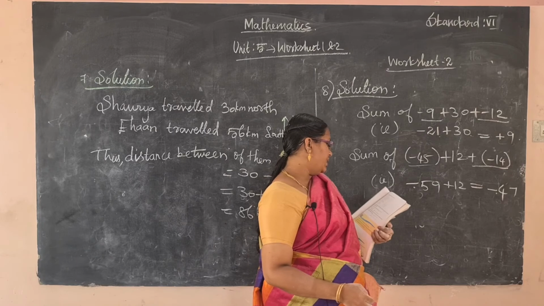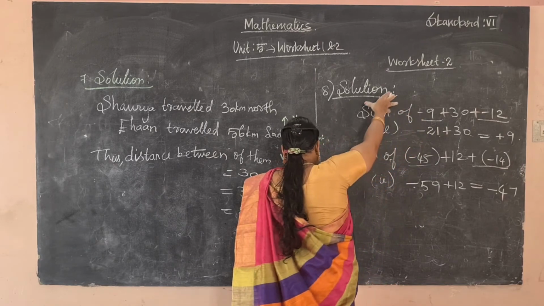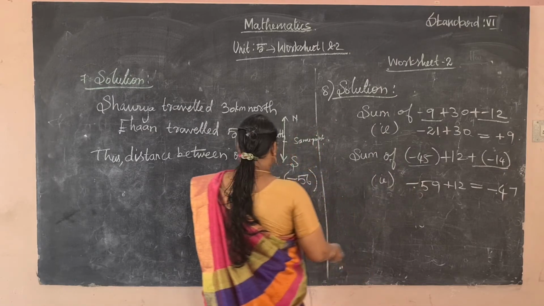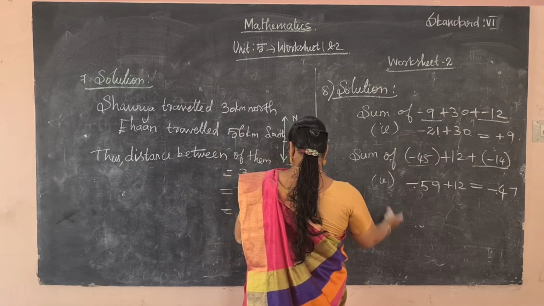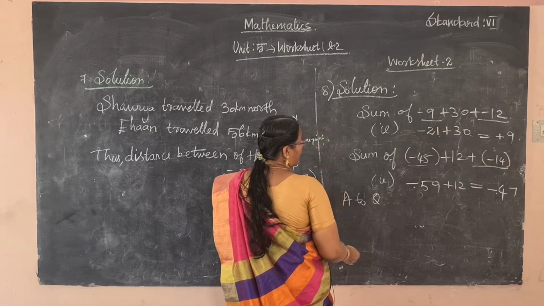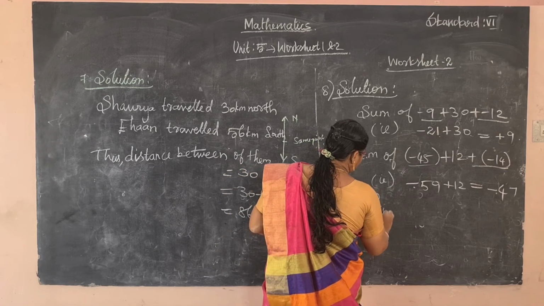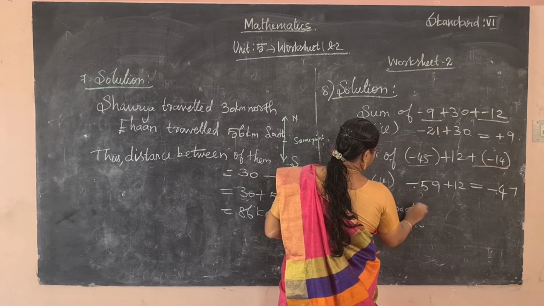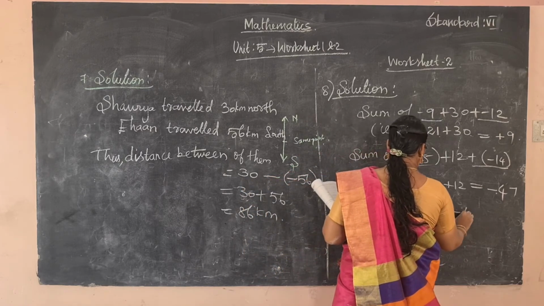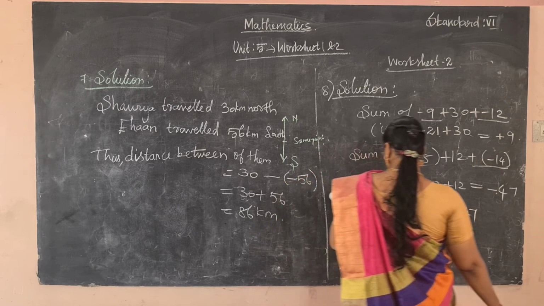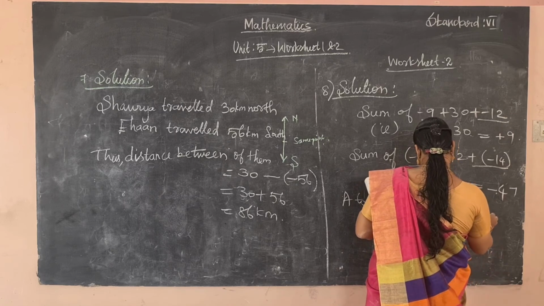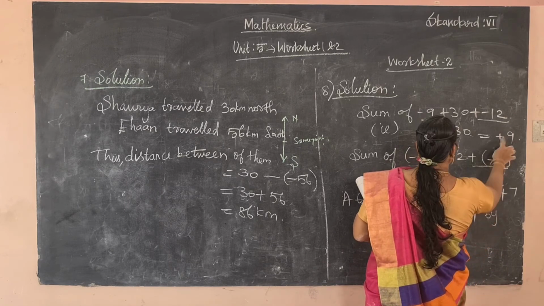And next is subtract. What is the given statement? Subtract the sum of this value from this. From this sum of values, so minus 47, according to the question. What is given? Subtract minus 47 from 9.